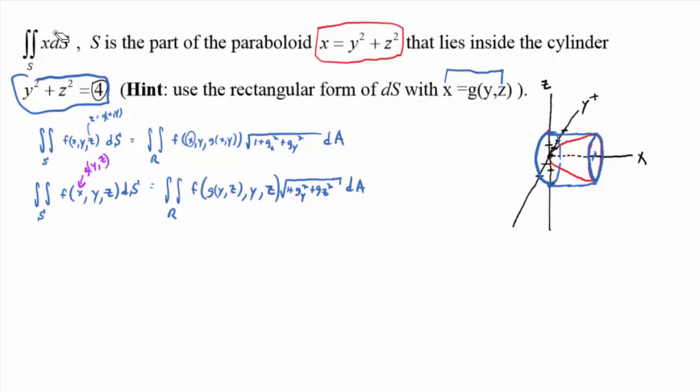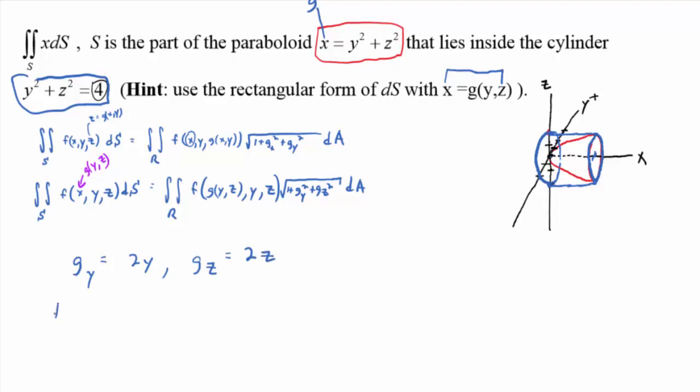All right, so let's go ahead and find our partials. So remember, this guy is g, and I made the mistake of saying g sub x out of habit. It would be g sub y we want to find first. What would that be? 2y, and then g sub z? 2z.